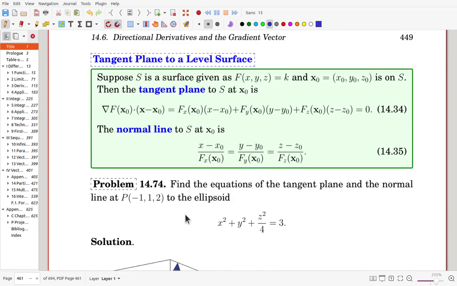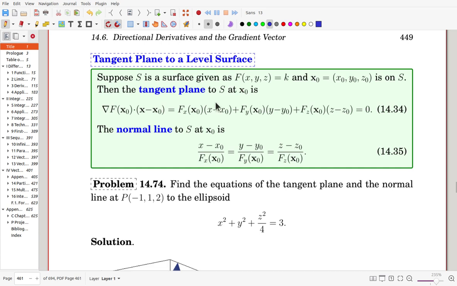So we can find the tangent plane and normal line. We already know that once a level surface is given, the gradient of capital F is a normal vector, so the tangent plane can be obtained quite easily.